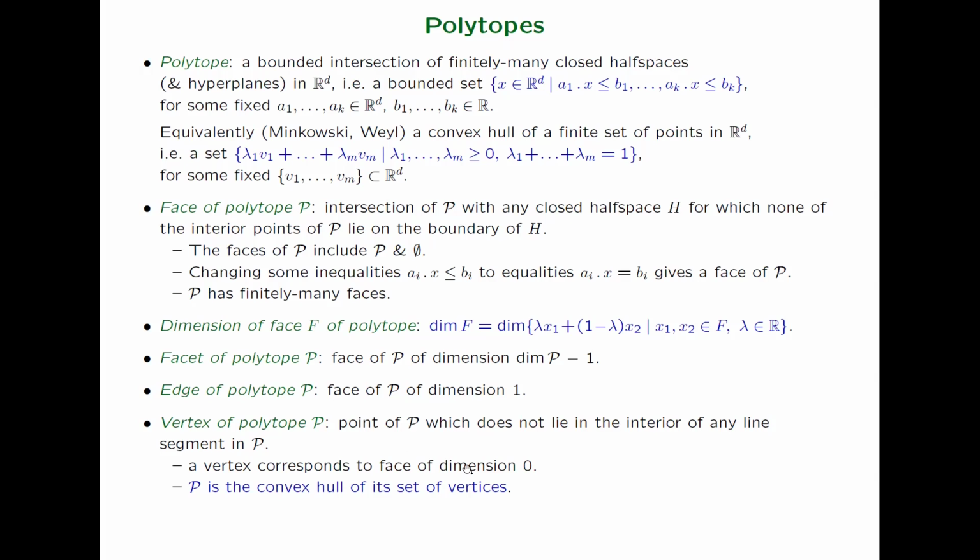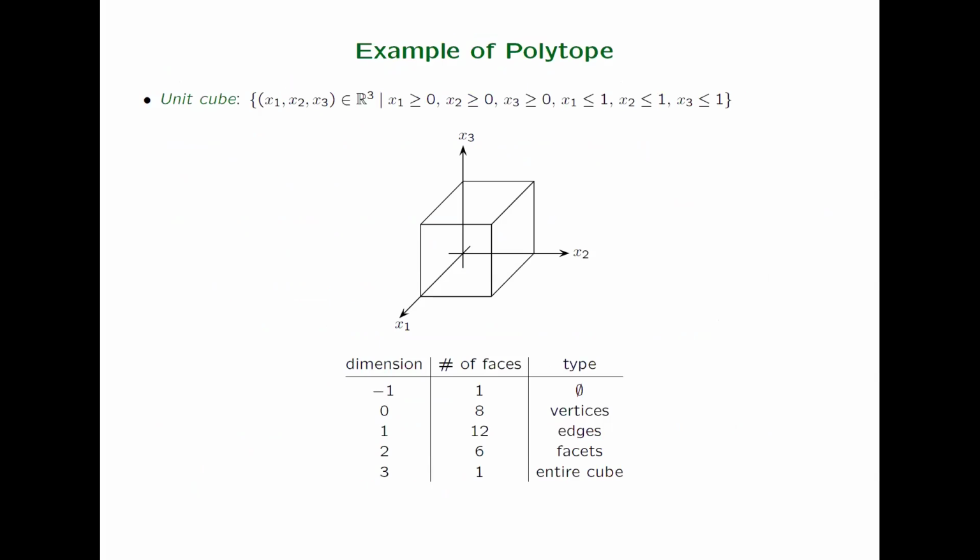And it's also possible to see that it's an extreme point in the sense that it doesn't lie in the interior of any line segment in P. And it's also possible to show that the convex hull of the set of all vertices gives you the whole polytope. A very simple example would be the unit cube. So here we've got points x1, x2, x3 in our cube, such that each coordinate is between 0 and 1.